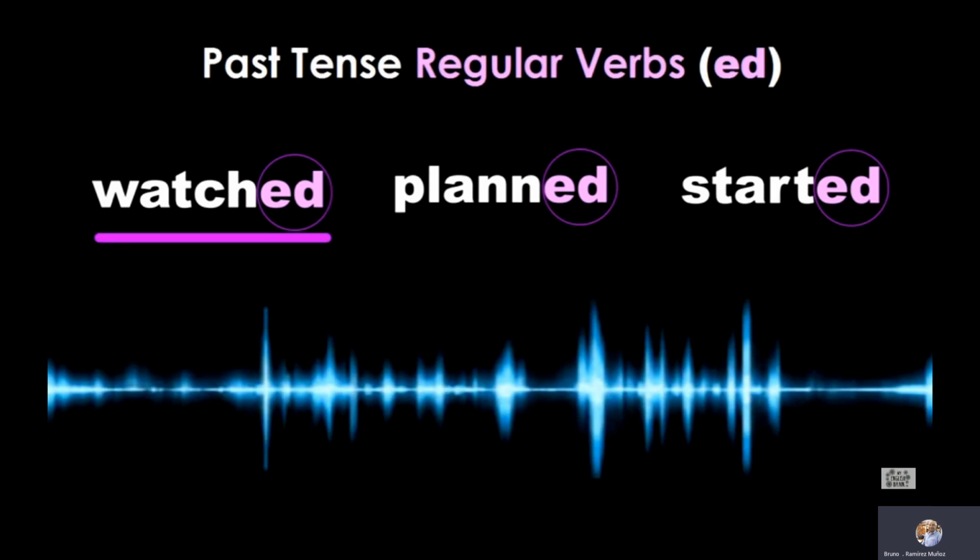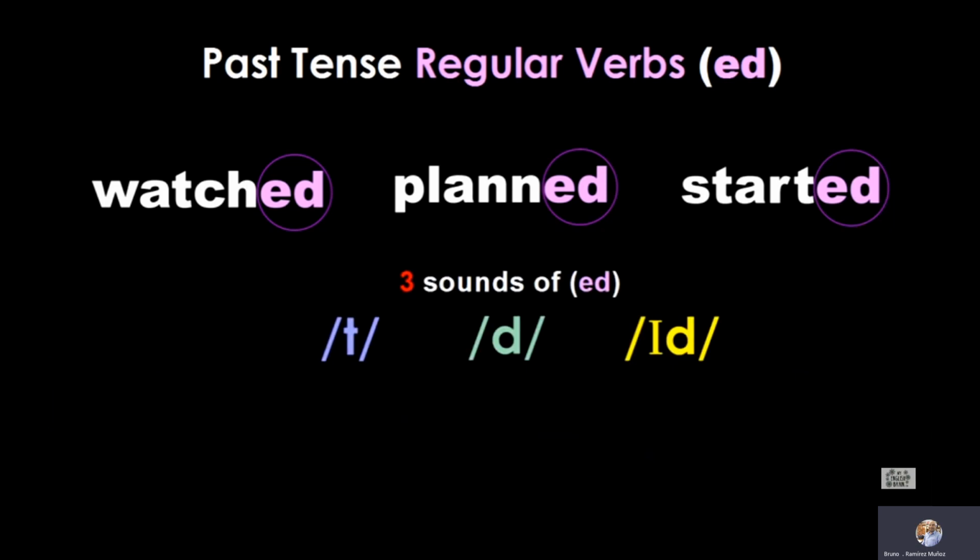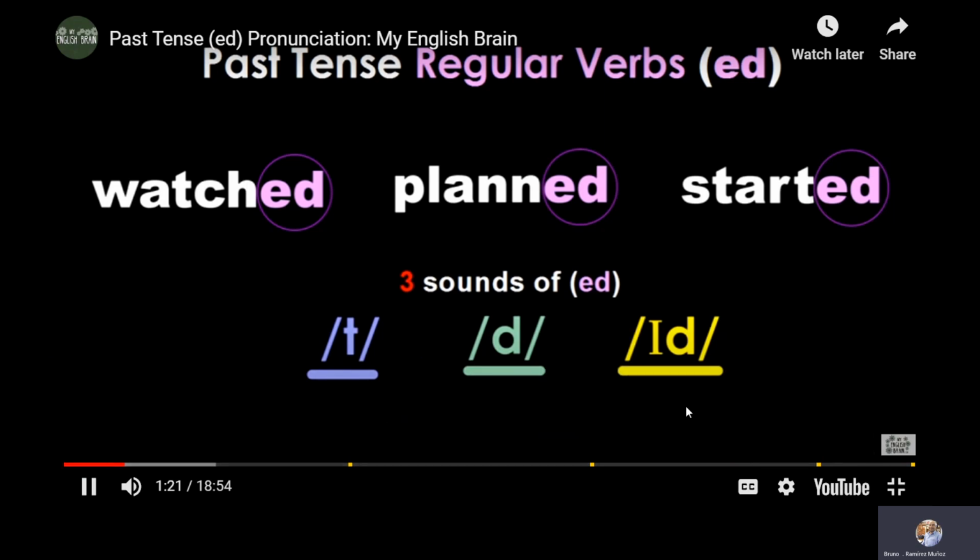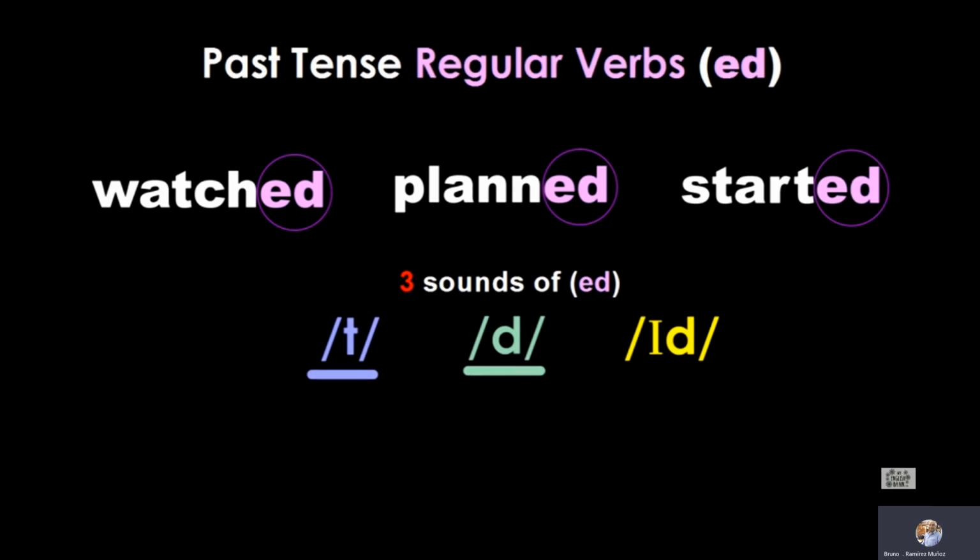For example, watched, planned, started. Did you hear the difference? Watched, planned, started. The three sounds of ed are t, d, id. Again, t, d, id.